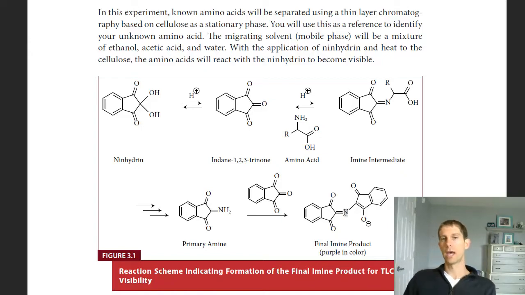So when we're looking at the colors on our TLC plate, what we're looking at is the nitrogen of the amino acid with other components of the anhydride dye. In this case, we actually couldn't scrape off our amino acid from the TLC plate because we've converted it into a whole different compound where only the nitrogen of the original amino acid is present.